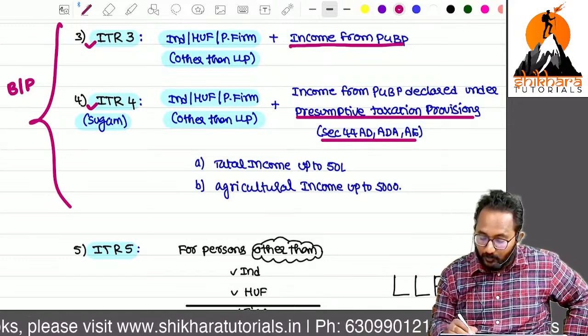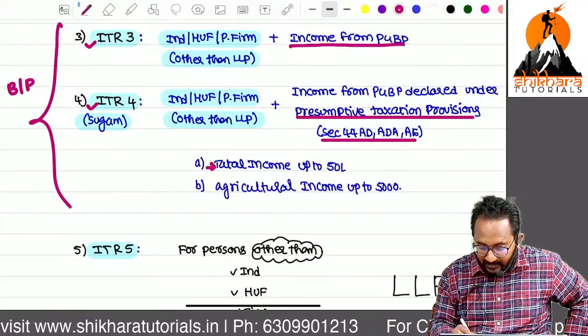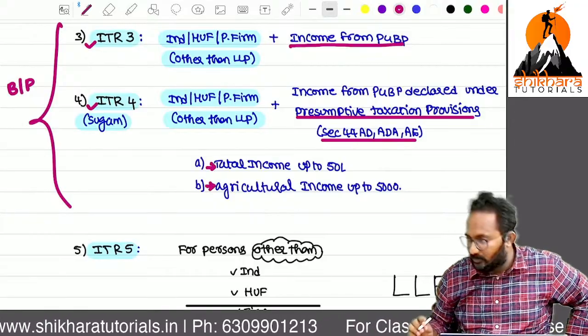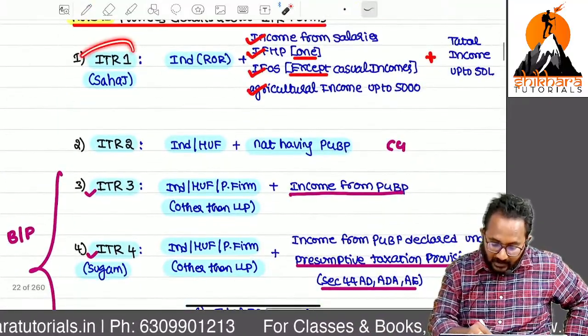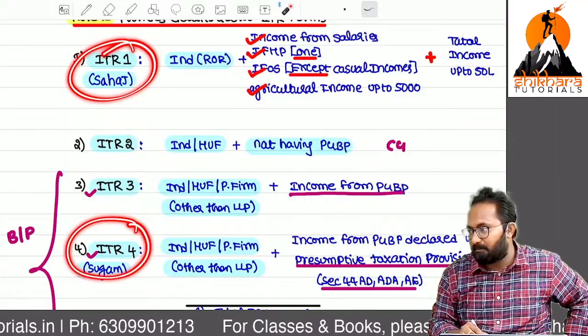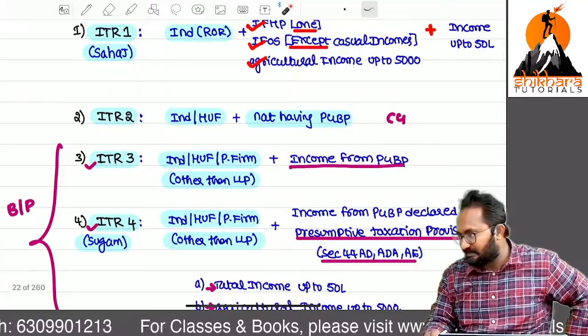Here also there are two points: total income up to 50 lakh, and agricultural income up to 5,000. So these are common points: ITR 1 and ITR 4 cannot be selected by a few persons. We can discuss that list after some time.